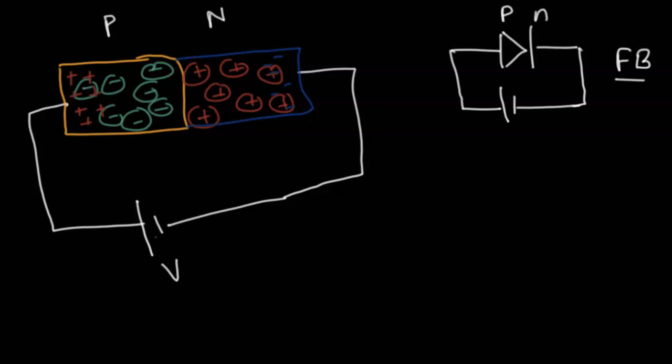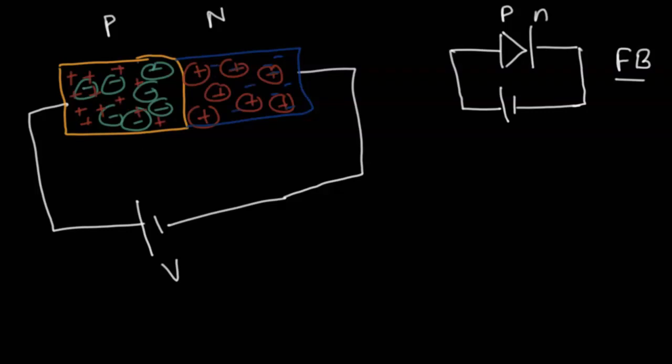So as we can see, these holes, the positive charges, repel the positive charge in the positive terminal, and the negative charge carriers get repelled by the negative terminal. As the repulsion happens, the positive charge carriers start spreading out, and the negative charge carriers also start spreading out.